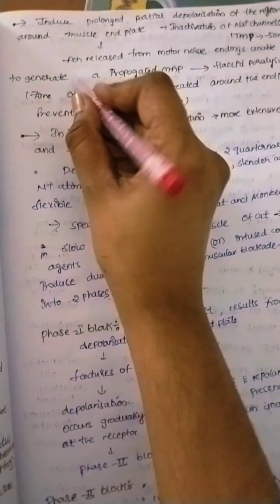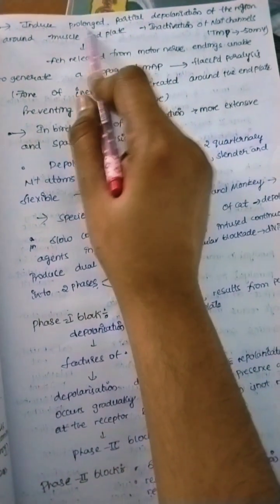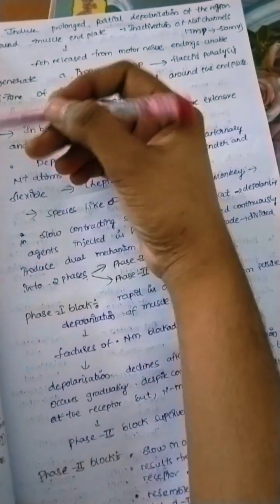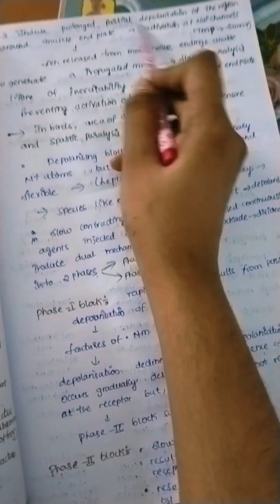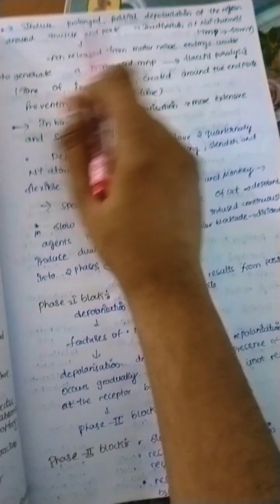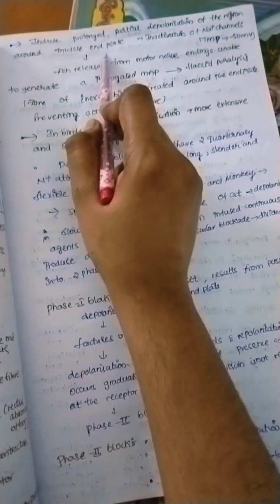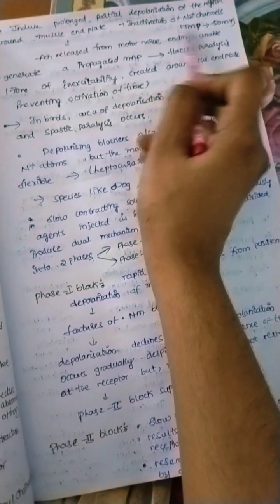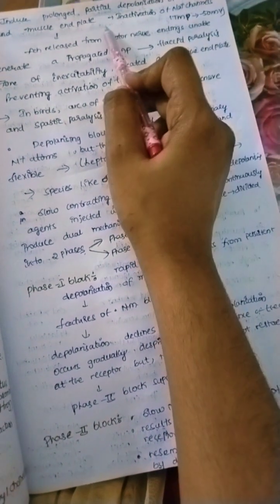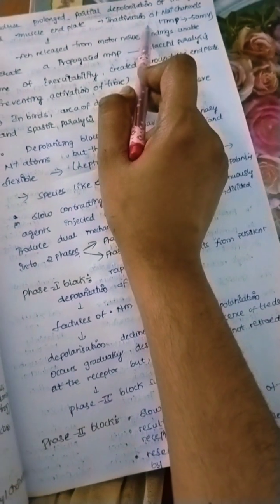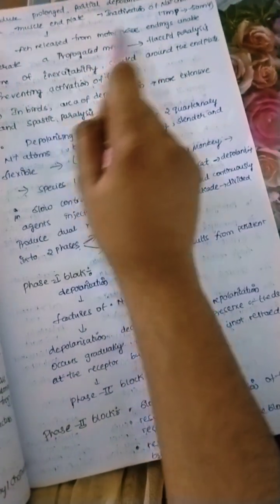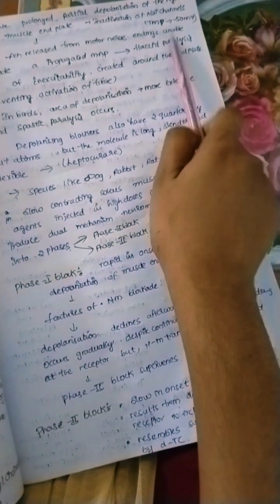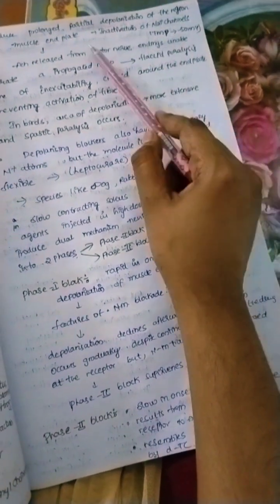If we continuously stimulate the neuromuscular junction with decamethonium and succinylcholine, what will happen? Only partial depolarization occurs. Why is there no complete depolarization? Because the sodium channels will get inactivated. Why are they getting inactivated?